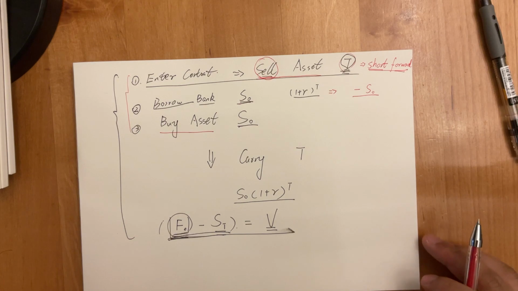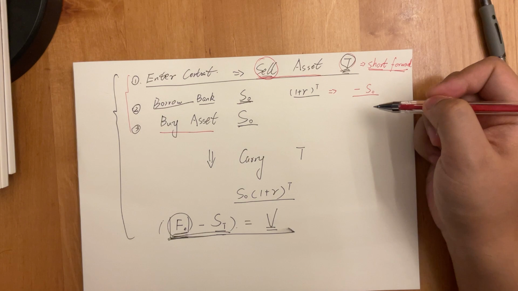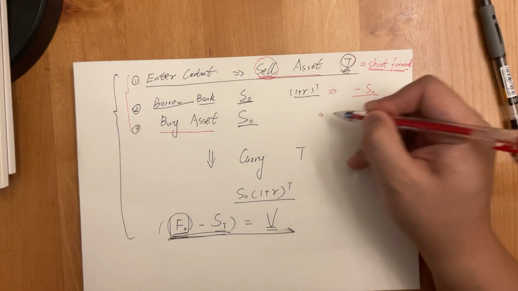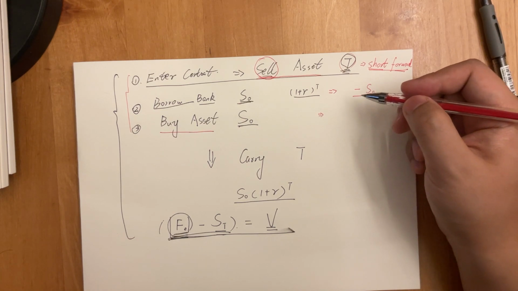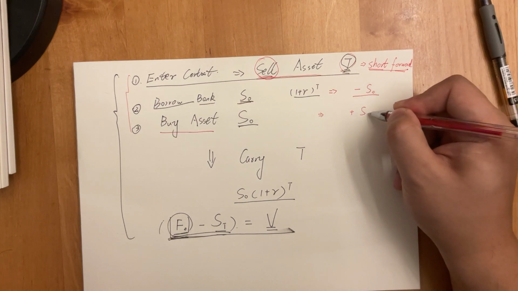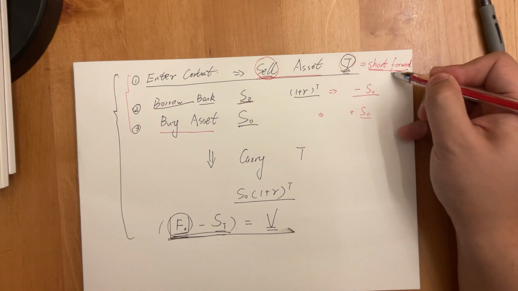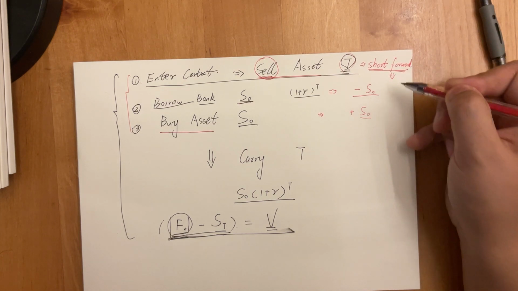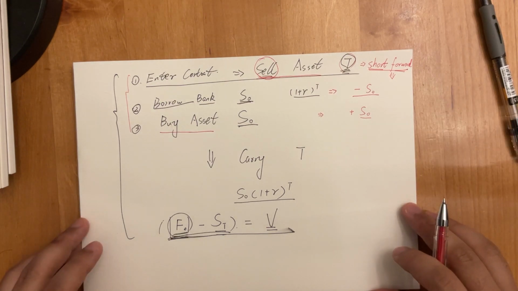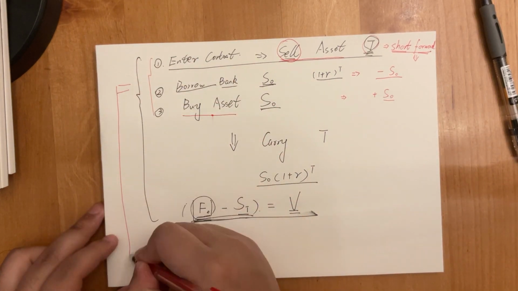What about when you buy assets? You use the cash that you borrowed from a specific bank, you buy that asset, and that asset will be treated as, as the name suggests, an asset. So really simple, you're going to add a position of the asset. So the overall position really depends on the short forward contract at time 0. Let's just write the overall position here.